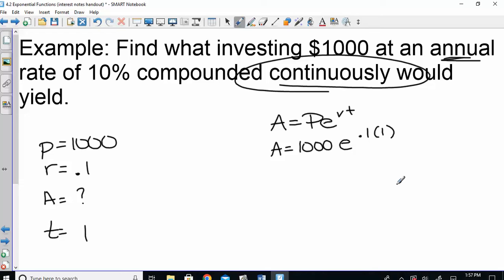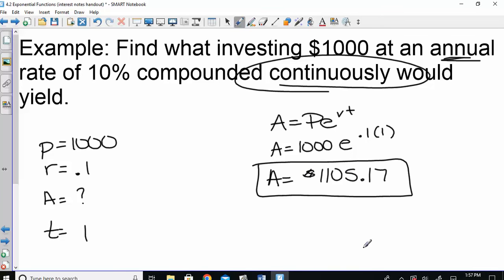If you do second and then the same column as the on button, there's the LN. If you do second LN, that brings up an e. Second and LN.